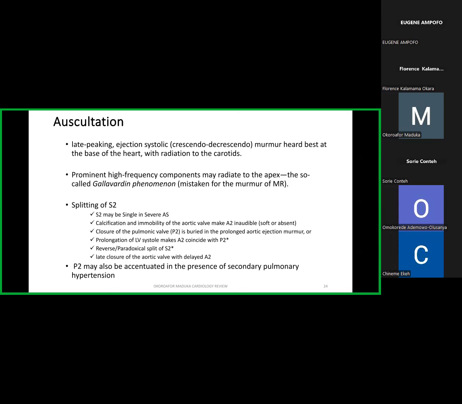That is what leads to the splitting of the S2. It could be prolonged such that it coincides with the P2, in which case the sound will become single. Or it could come after the closure of the pulmonic valve, and so you have what is called a reverse or paradoxical split of S2.